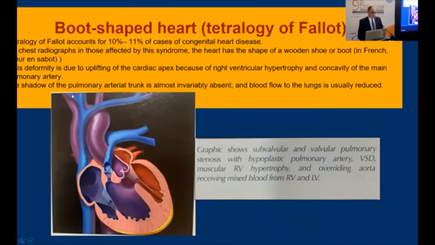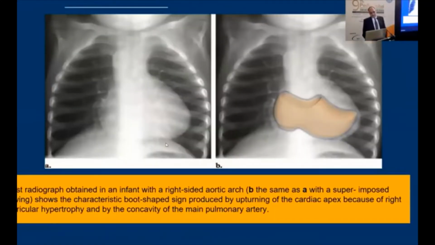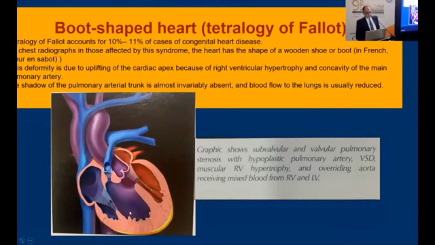Another very famous sign in the tetralogy of Fallot is the boot sign. The apex of the heart is uplifted due to hypertrophy of the right ventricle.